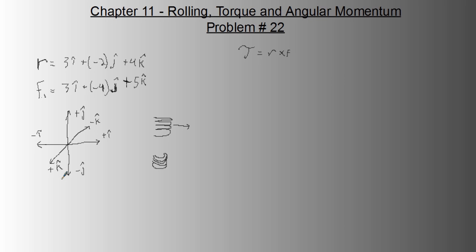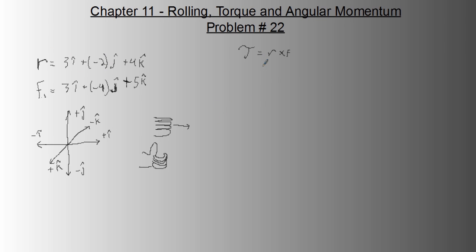Now my palm is pointing to the floor, my fingers are pointing to my right, and I curl down towards the floor. Meanwhile, my thumb is stuck out, and it points away from me towards the computer screen. That's the negative K direction. So give that a shot, and now I'm going to do that for all of these.